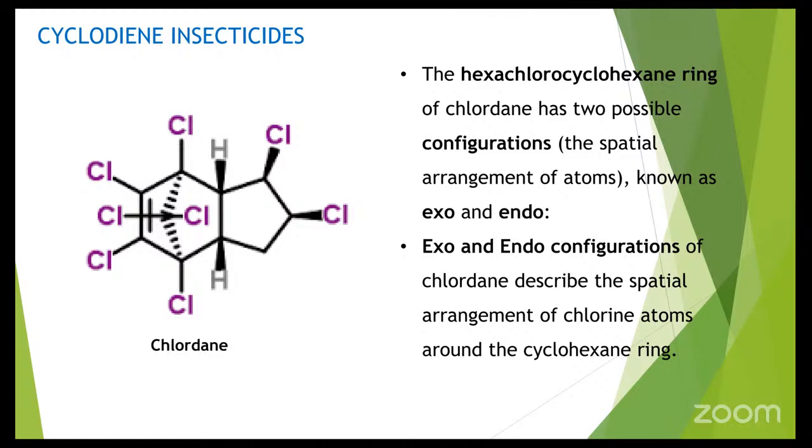The hexachlorocyclopentadiene ring of chlorine has two possible configurations. These compounds are all cyclic, however, only a few of them are dienes. The exo and endo configurations can be seen in chlorines, and the reactions and dipole measurements indicate that it is in the form of endo isomers. Exo and endo configuration of chlorine describes the spatial arrangement of chlorine atoms around the ring.